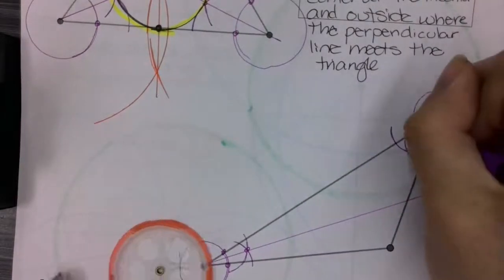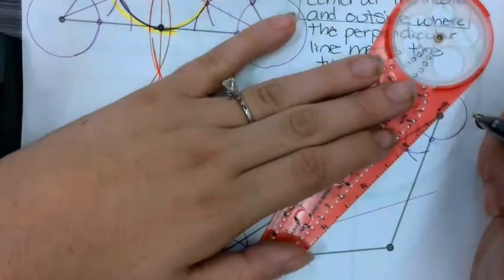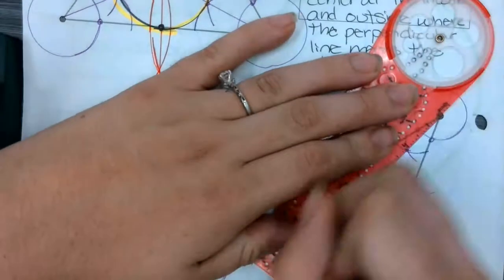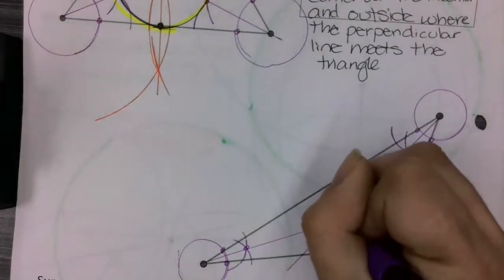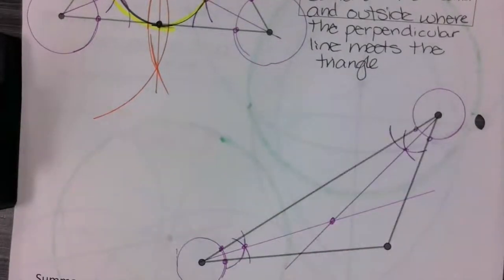Where the X crosses, I mark a point and draw a line through it. So I'm going to mark the point where they cross.